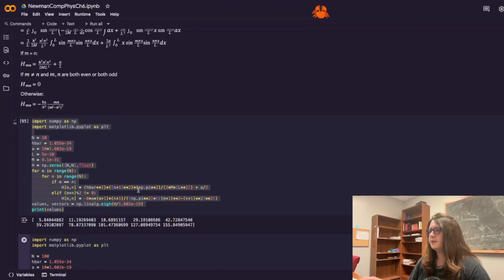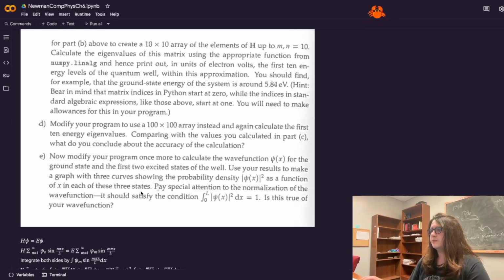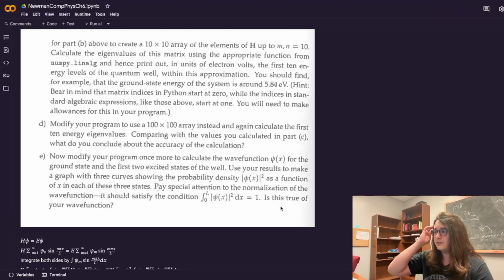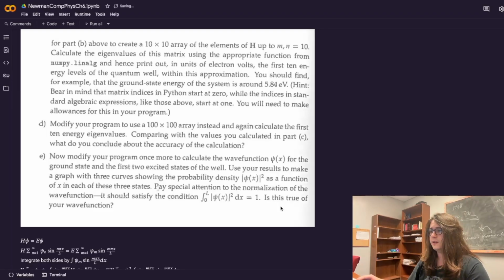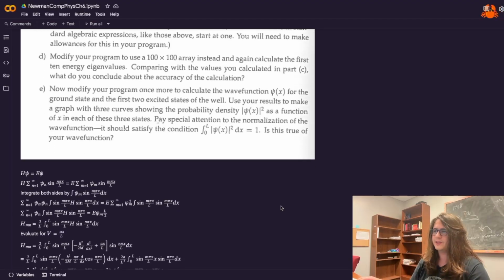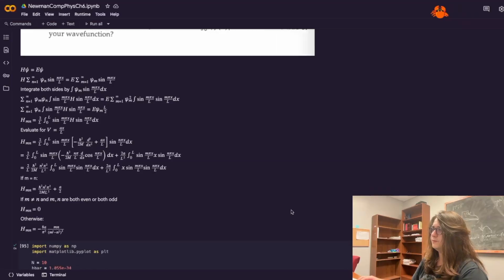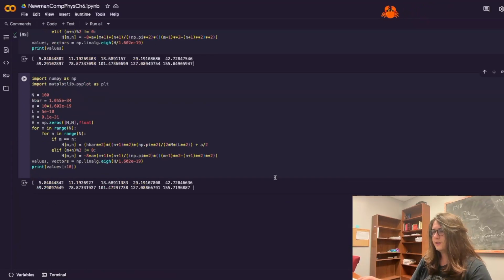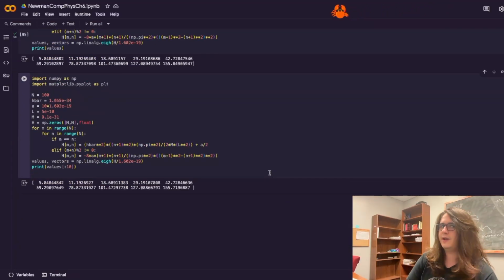The next bit of the problem is to also use the code that we have as it is right now to also plot the wave function for the ground state and the first 2 excited states of this potential well, and to pay special attention to the normalization of the wave function, which is a ridiculous thing to say, truly, and I'll explain why in a minute.